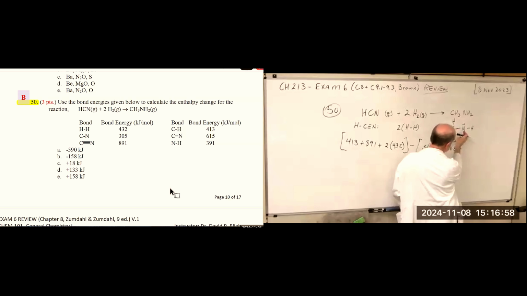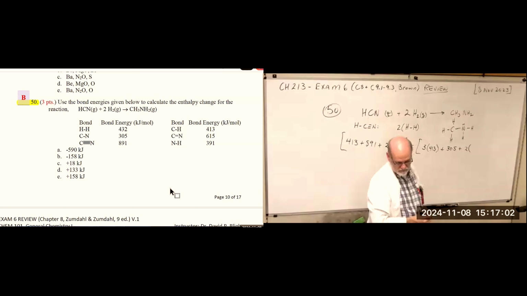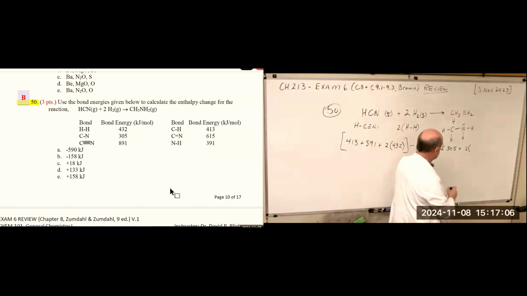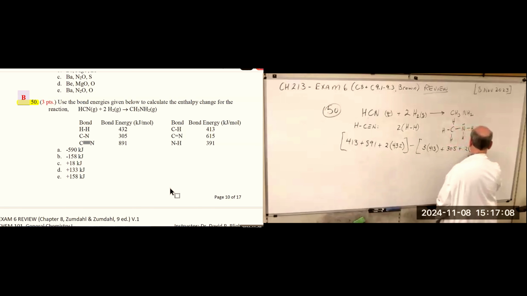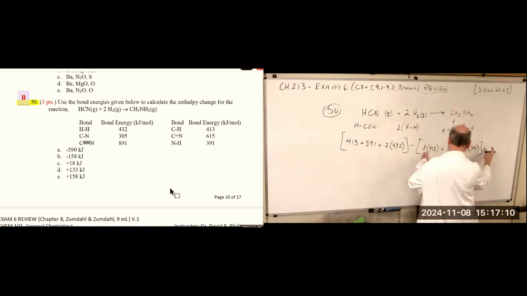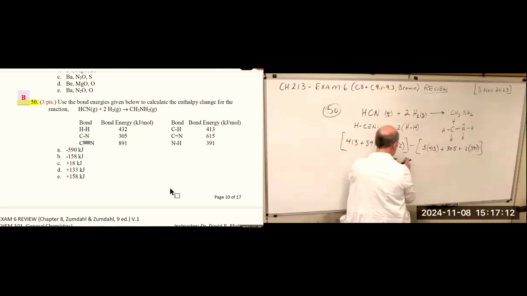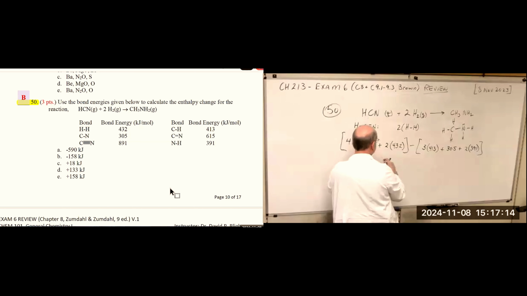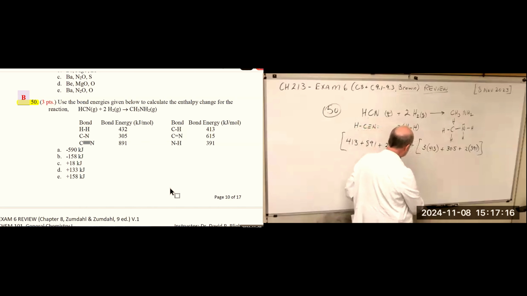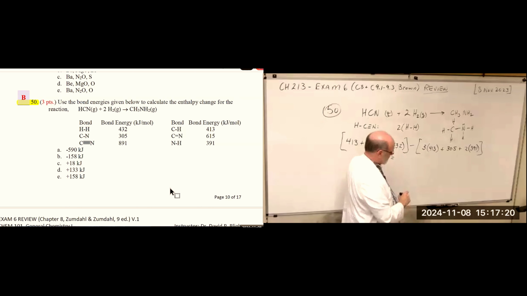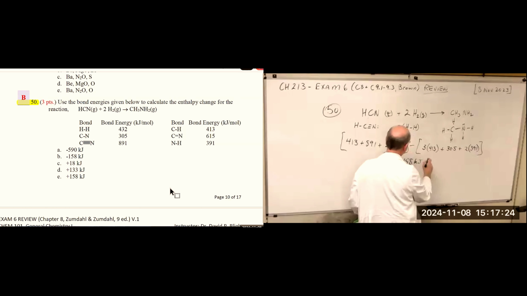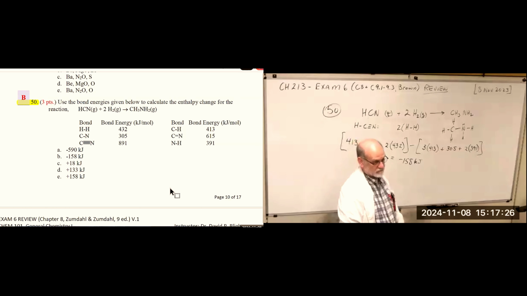And then 2 nitrogen hydrogen bonds, 391. So you add all these up, change the sign, add all these up and put them together. And in the interest of time, we should end up with minus 158 kilojoules for that reaction.